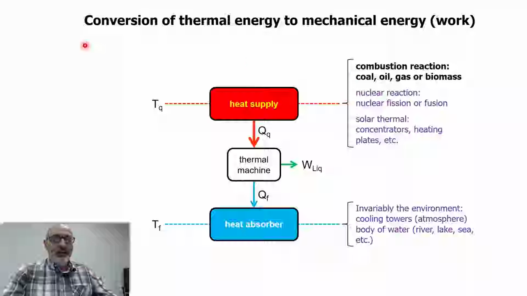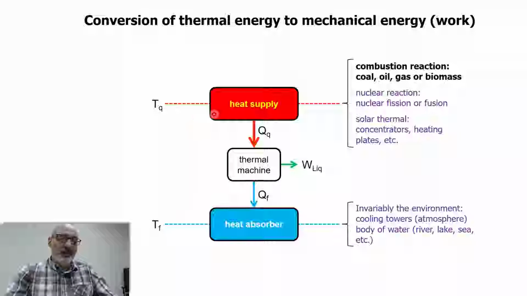When we're converting thermal energy to mechanical energy, or as I said, a disorganized form of energy to an organized form of energy, which can be mechanical work, or electricity, or kinetic energy, and so on. This conversion of a thermal source to work or electricity can always be put this way.